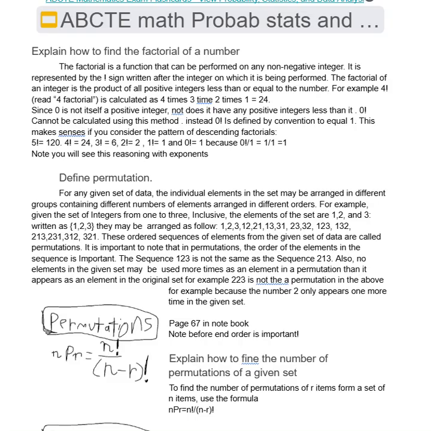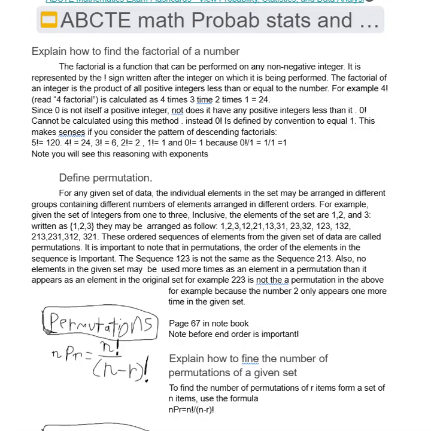For example, 223 is not a permutation from the set above, because the 2 appears twice, more than given in the set. And there is a terrible permutation formula.